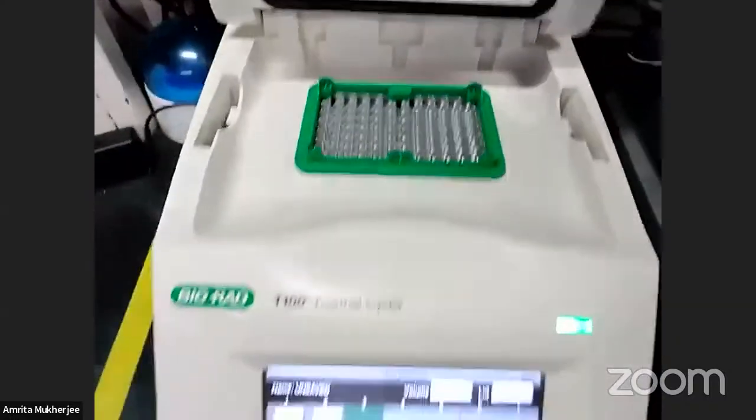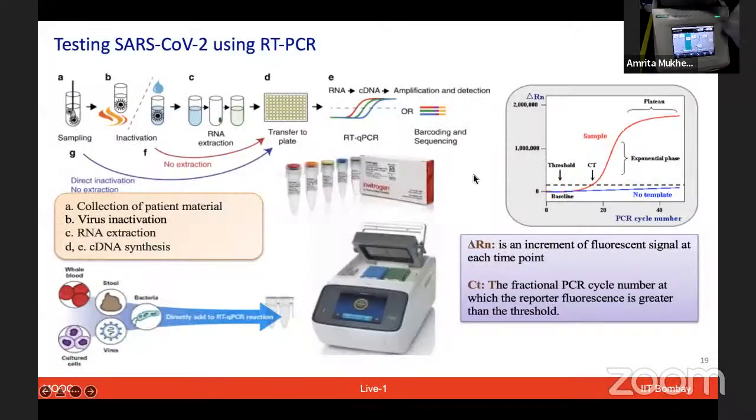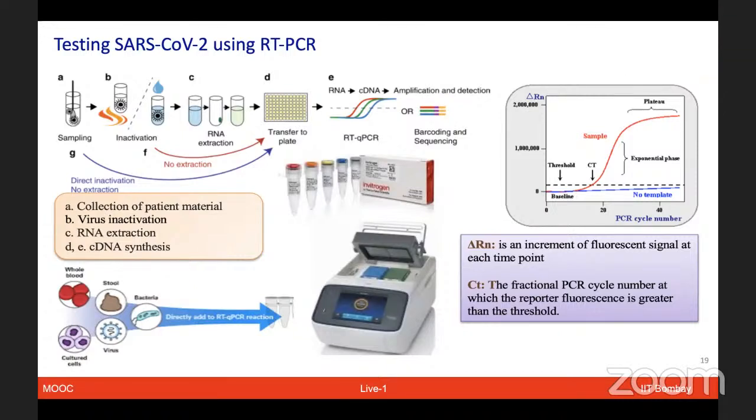And now Amrita will just recap quickly what all of you already know about how real-time PCR has been used for testing SARS-CoV-2. Amrita, just walk them through this slide now. Right. In the case of real-time PCR for detecting SARS-CoV-2, the swab samples are first collected from the suspected patients.